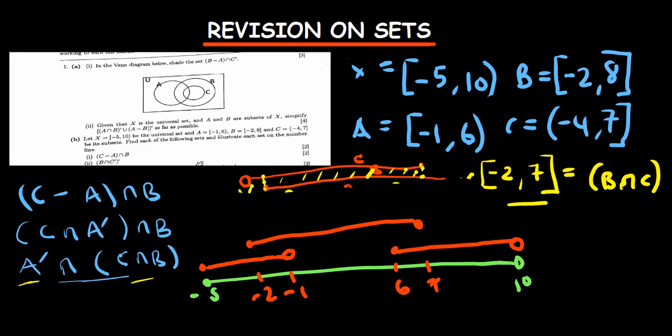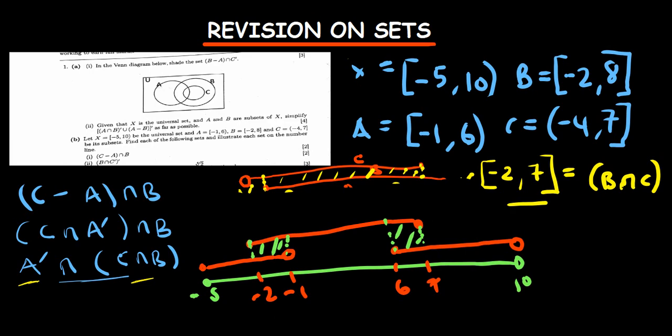So where these points intersect is what we are finding now. Since this is A complement intersect C intersect B, that's what we are finding. This is the intersection. How do I write it?